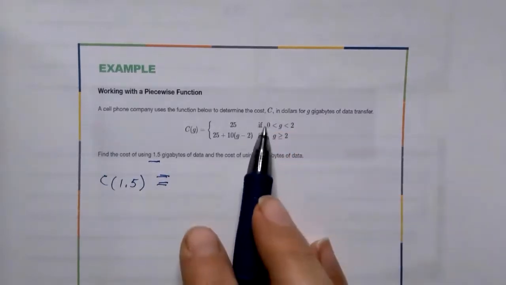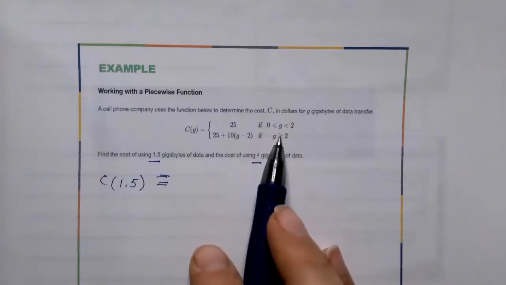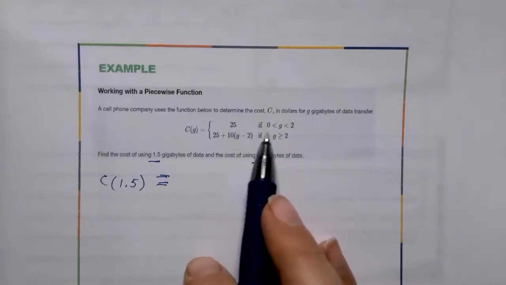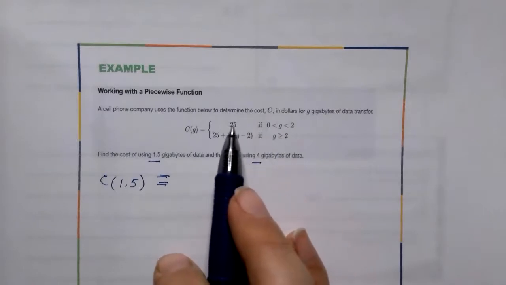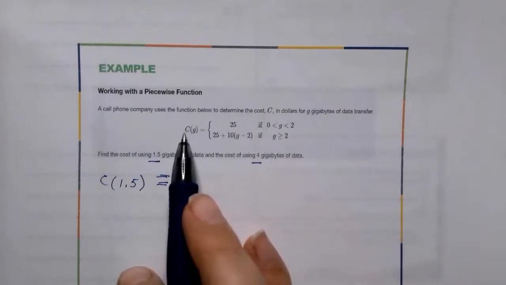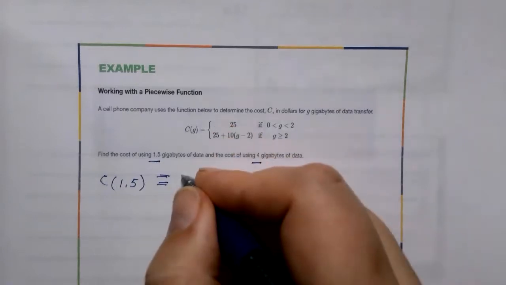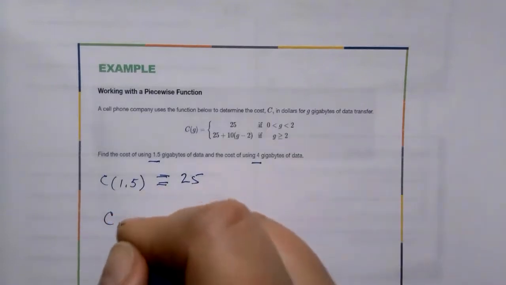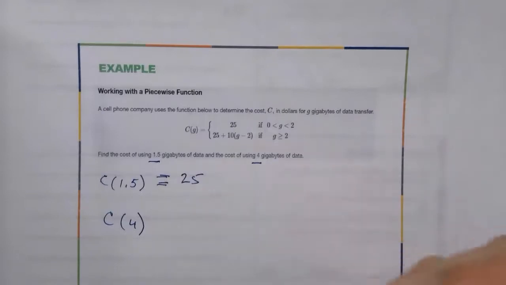So you're looking at the description of G. Our G is 1.5, which falls here. It's between 0 and 2. So that means that we're going to apply this rule. C of G equals 25. And that's it.